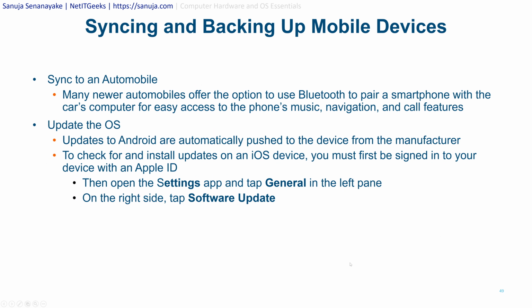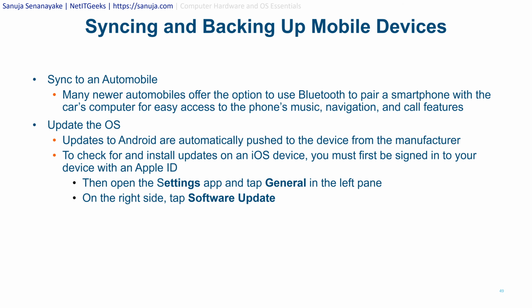Sync to an automobile. Many newer automobiles offer the option to use Bluetooth to pair a smartphone with the car's computer for easy access to the phone's music, navigation, and call features. So you can sync your mobile data, especially contact information, to your automobile.